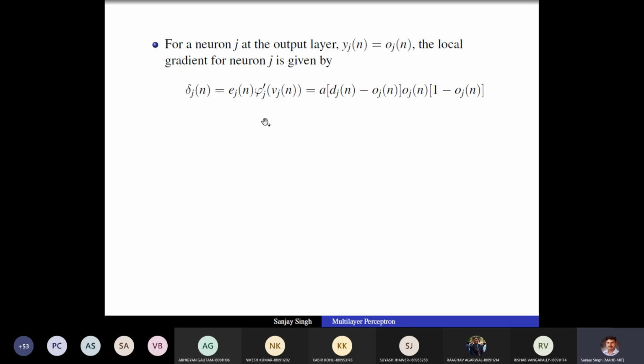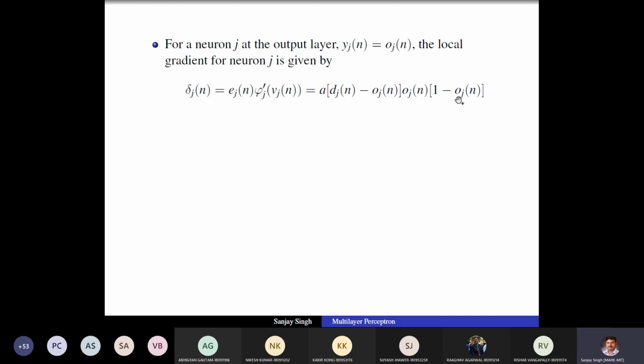So ej, we know, is nothing but dj minus oj. That is the desired output minus the actual output produced by the system. And a was the constant, right? This term is due to the constant, this term is due to the error, and this particular term is due to phi prime j, that is yj(n) times 1 minus yj(n). Now it is just oj(n) times 1 minus oj(n).